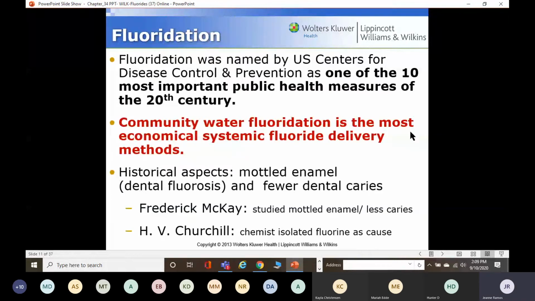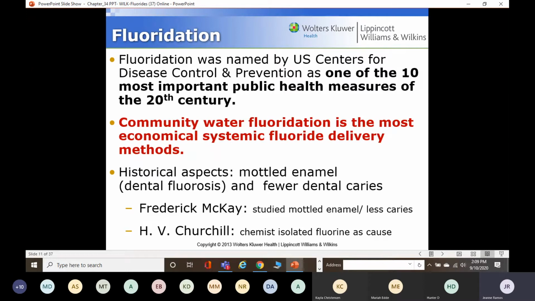Fluoridation was named by the U.S. Centers for Disease Control and Prevention, the CDC, as one of the 10 most important public health measures of the 20th century. So in the whole 20th century, they made a lot of strides in health.